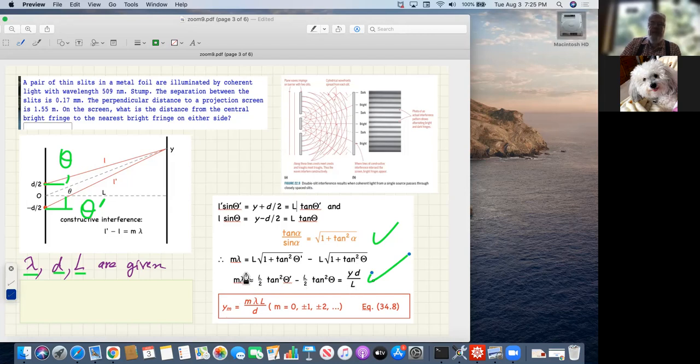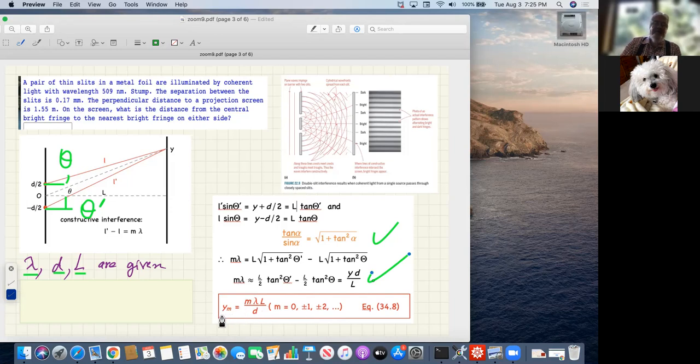So that's the condition for constructive interference. Y should be L over d times m lambda, where m is an integer. Now, in this case, m can be 0, plus minus 1, plus minus 2, plus minus 3, and so on. So you get this pattern of bright fringes and dark fringes.